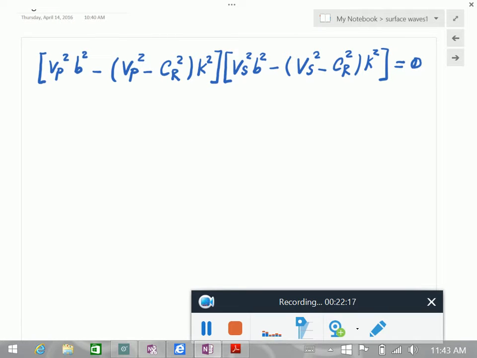So, from this we can solve for B1 and B2. We get two roots for B1 and B2. B1 is K minus CR squared VP squared, this is a square root. And B2.